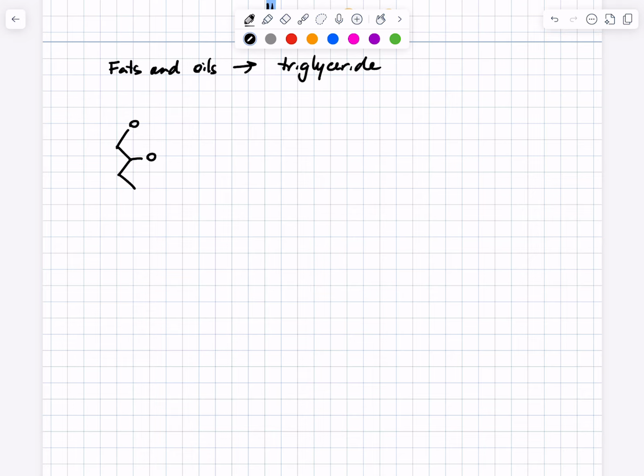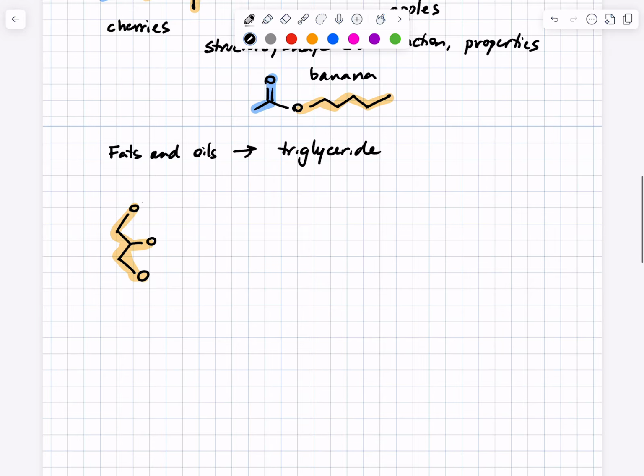It has an alcohol portion that has 3 oxygens, 3 carbons, and each carbon is bonded to an oxygen. And then attached to each of those oxygens are long chain fatty acids. So we'll just do 16, 2, 4, 6, 8, 10, 12, 14, 16. And this, of course, is the carboxylic acid portion.